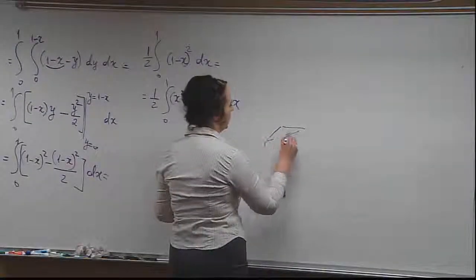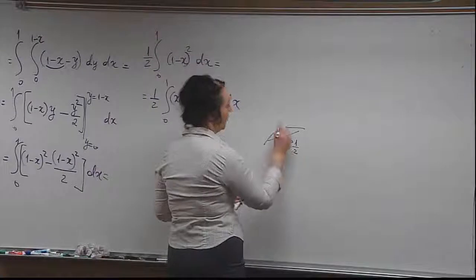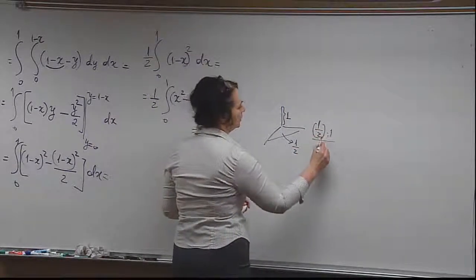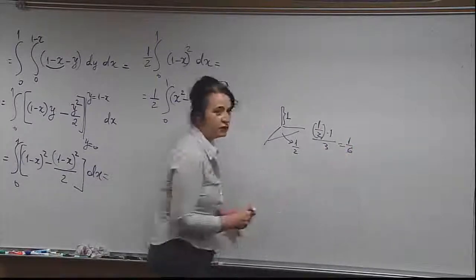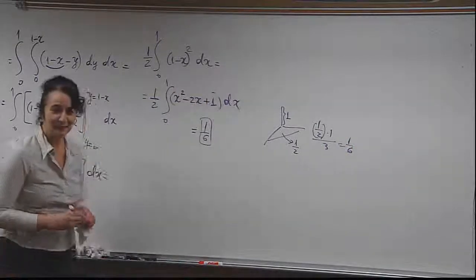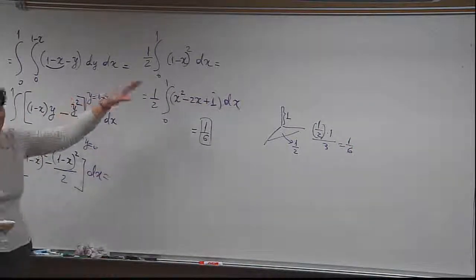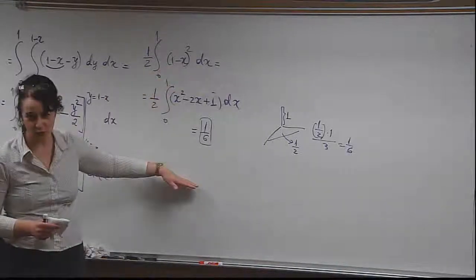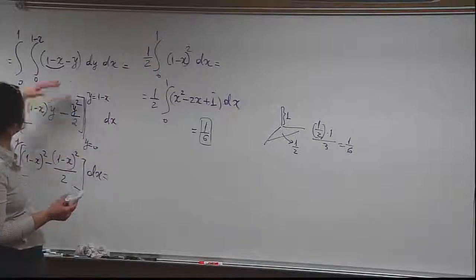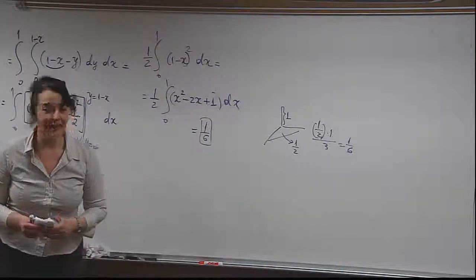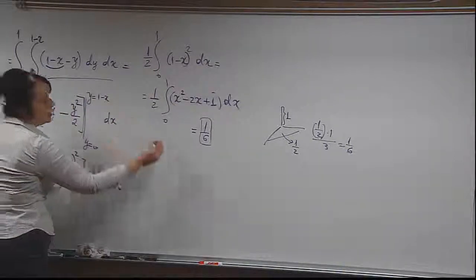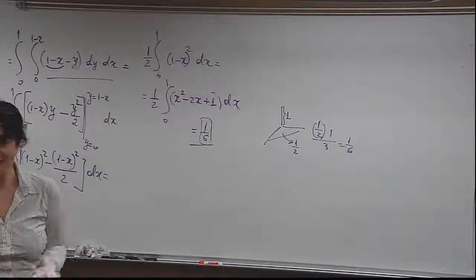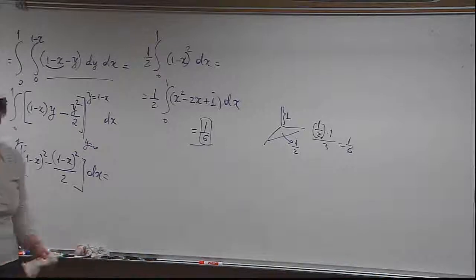The tetrahedron has area of the base 1/2, the height is 1, 1/2 times 1 divided by 3 is 1/6, and just pretend on the final that I actually computed everything. I could have done that. From here, jump straight to here, and ask you, how did you get from here to here? And you say, I'm a genius. Could I not believe you? I have to give you full credit.